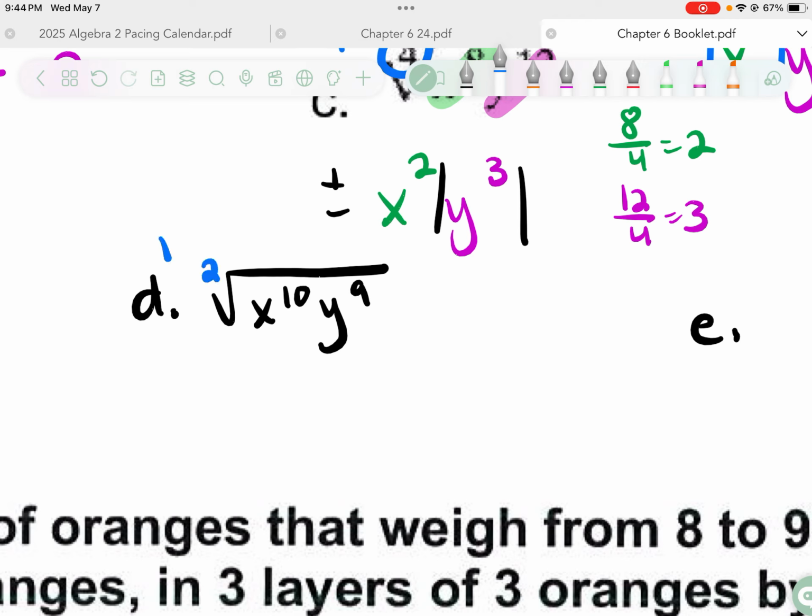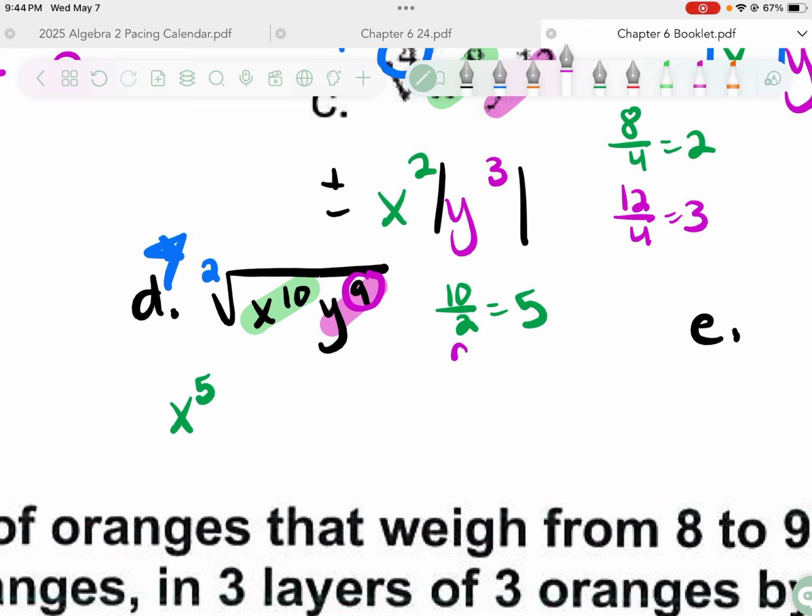Okay, so index here is a 2. So let's go ahead and go through here. 10 divided by 2 gives me 5. So that becomes x to the 5th.